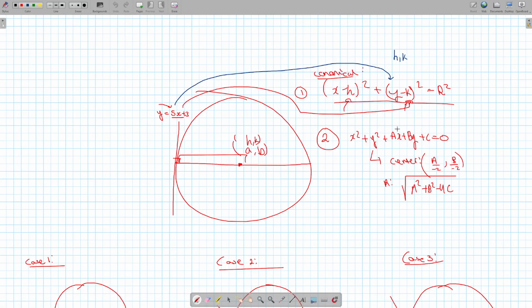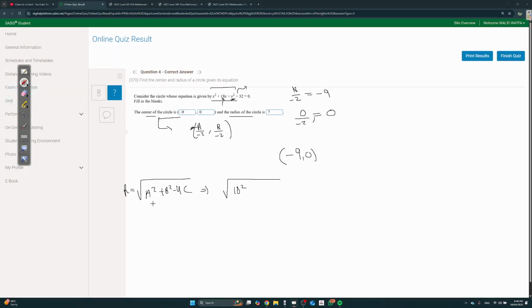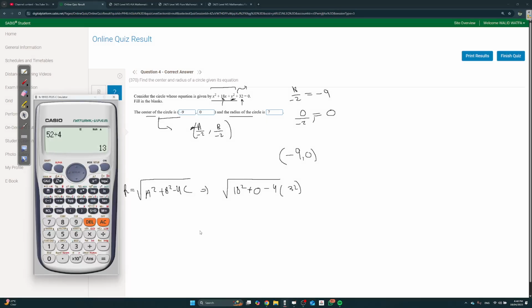The coefficients are different. These are the formulas. Plus, since there's no coefficient of y, we're just going to say 0, minus 4 times c. C is what? 32. Right? So if you do this on your calculator, you should get 7. Let's do it quickly. Minus 4 times 32, square root, you get 14.